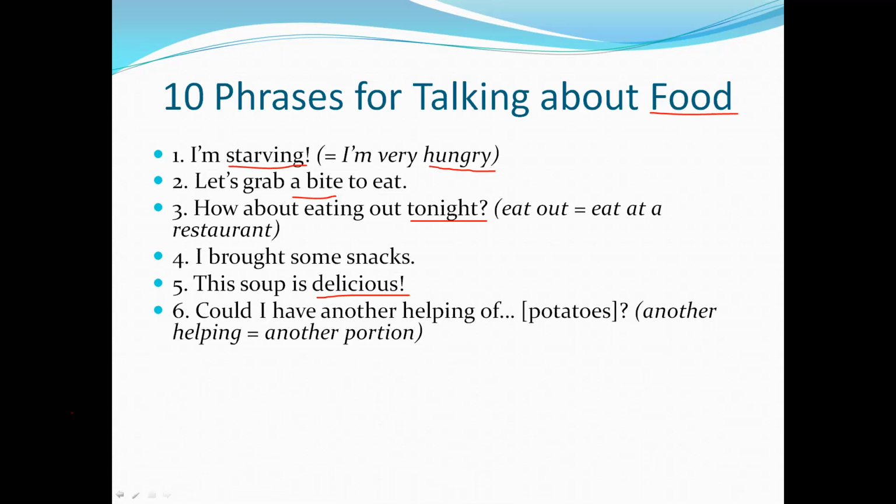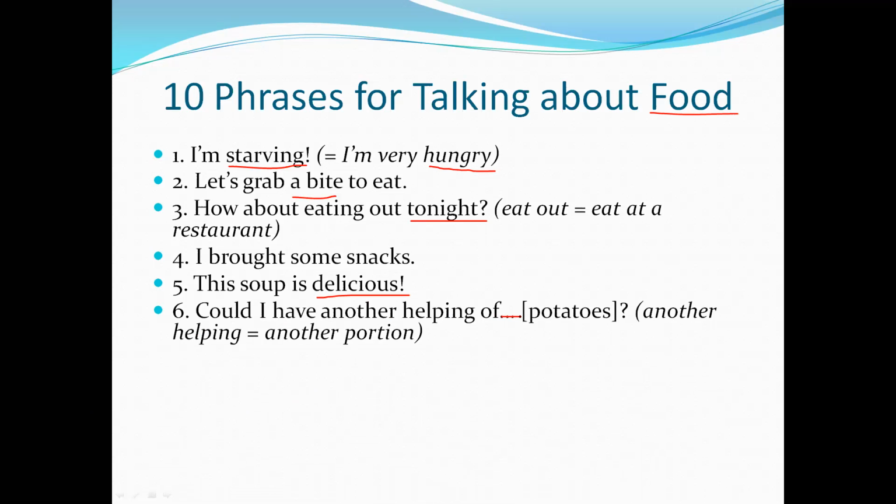Then the next phrase you may use is, could I have another helping of dot dot dot? What this indicates is that you're asking to take another part. Maybe in our culture, we insist that guests take something. Maybe you're offering a chapati. If the guest has finished one chapati, you offer another chapati.